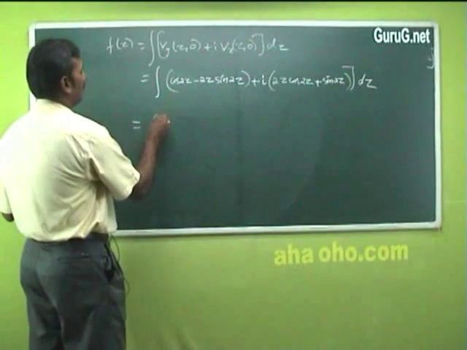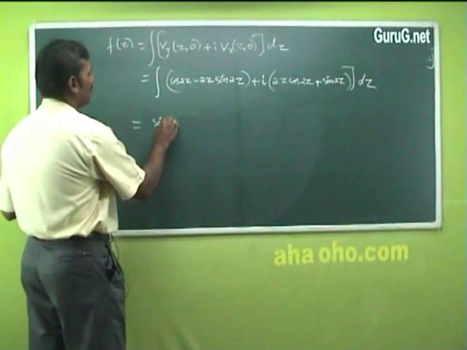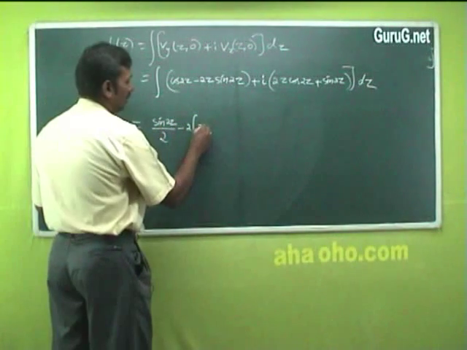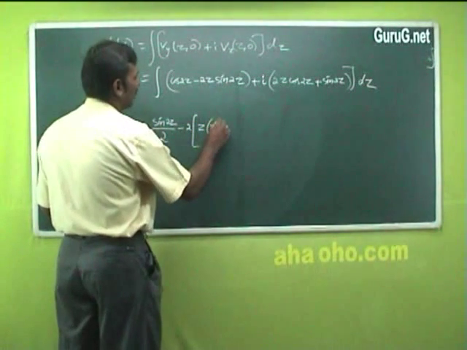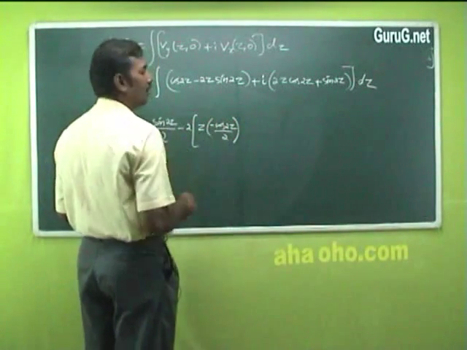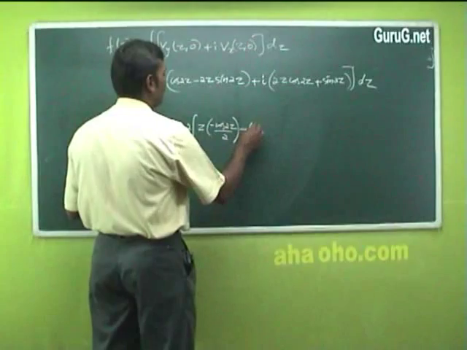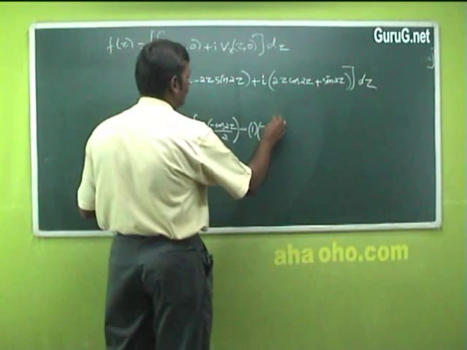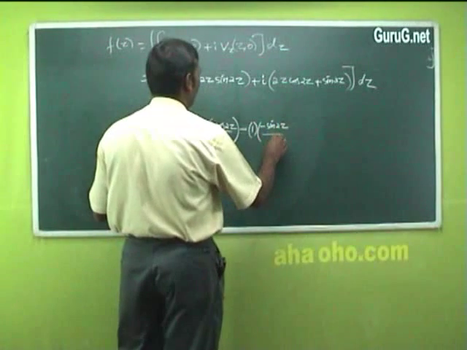So integrating, cos 2z gives sin 2z by 2, minus 2 into z into the integral of sin 2z, which is minus cos 2z by 2; differentiating z gives 1, and integrating gives minus sin 2z by 4.